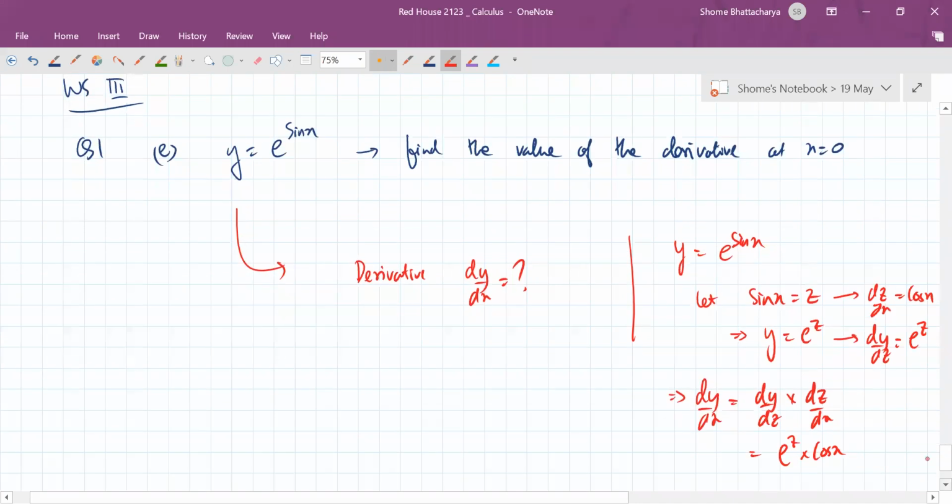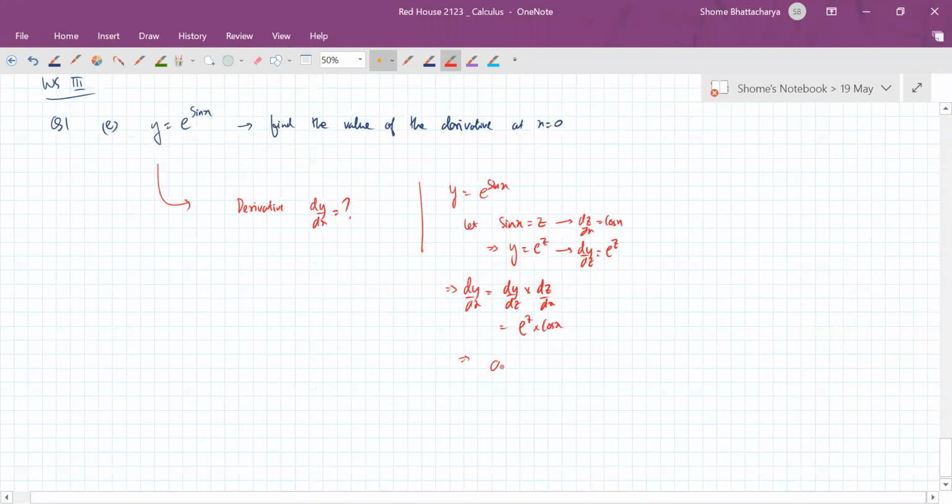And then resubstituting, we can see that dy by dx, or the derivative, is cos x into e raised power sin x. So we've got the derivative.